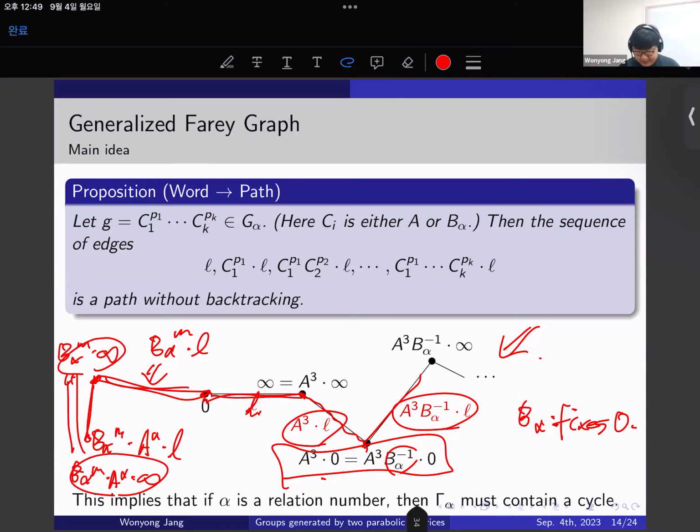So in this logic, we can make a path without backtracking. This proposition also implies that if alpha is a relation number, then the graph Gamma alpha should contain a cycle.